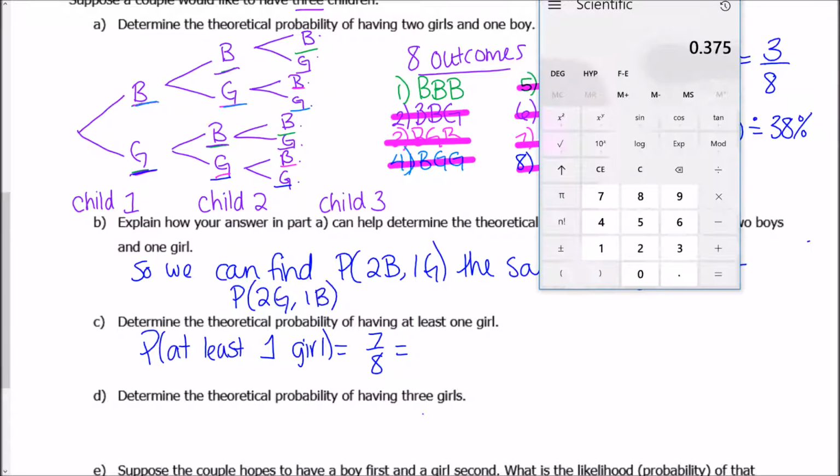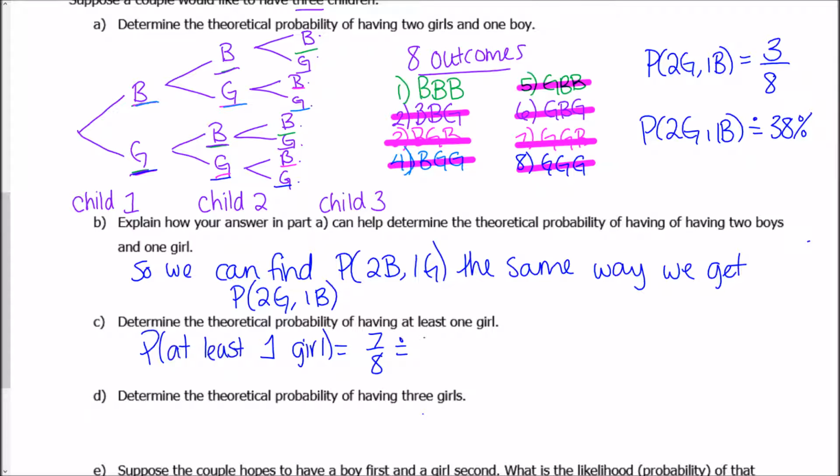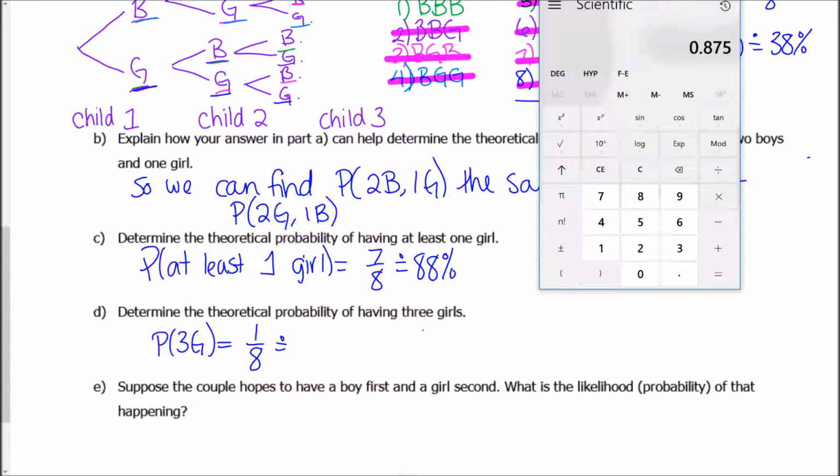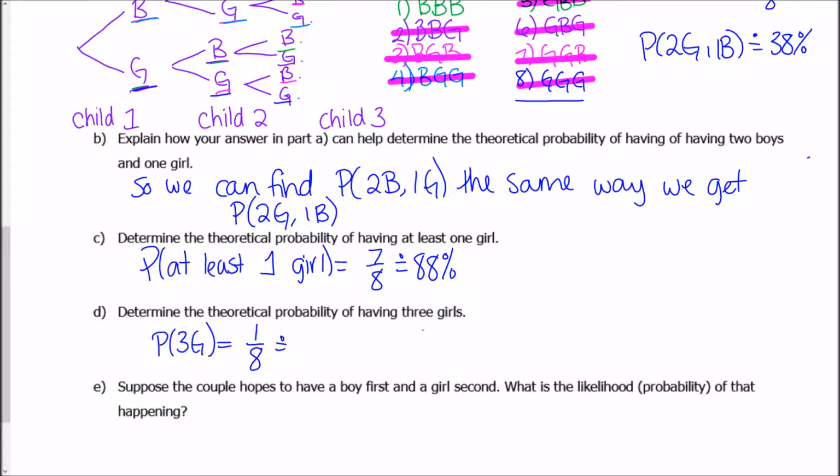And if I were to divide that out, I end up getting about 88%. Okay? Now it says to determine the theoretical probability of having 3 girls. So the probability of 3 girls is much smaller. There's only one outcome that ends up with 3 girls, so it's 1 out of 8. And if I were to divide that out, I get 12.5%, so that's about 13%.